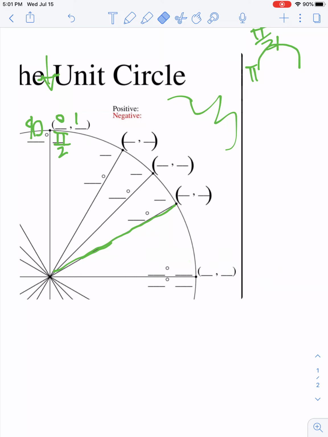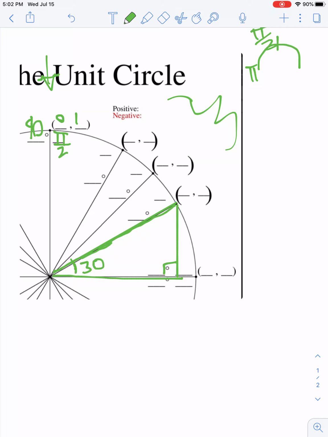I'm going to take this angle of 30 degrees and draw a line straight down to the x-axis. That line and our x-axis form a right angle, and this angle inside here is 30 degrees.